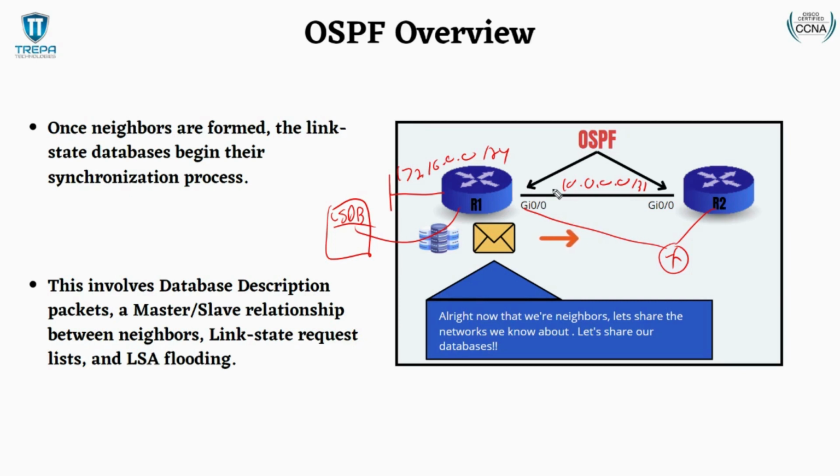So once neighborship is formed, now we have to build our adjacencies, our actual link state databases within the routers, or our adjacency tables. So during this process, we're going to send what we call database description packets. You're going to see me sometimes give them an acronym of DBD. And in those database description packets, a couple things are going to happen. One, a master/slave relationship is going to form between neighbors.